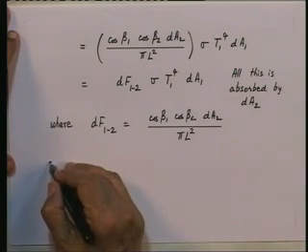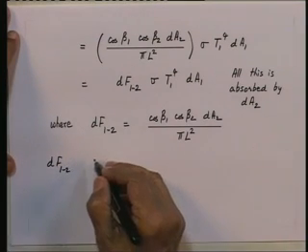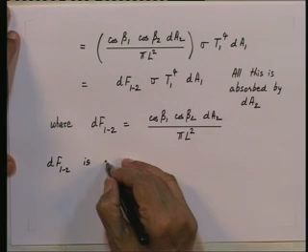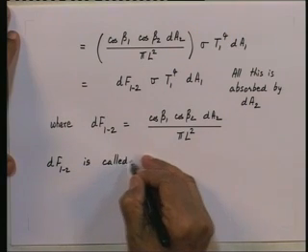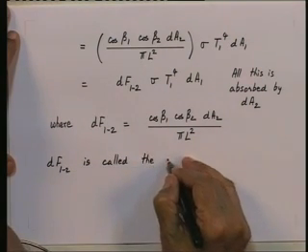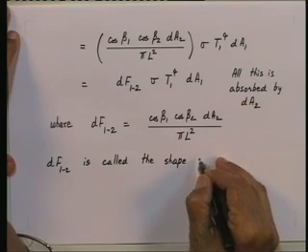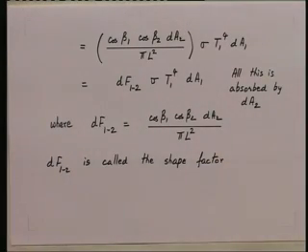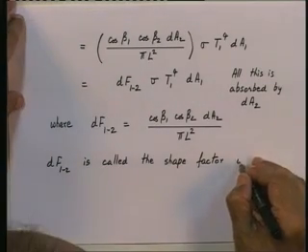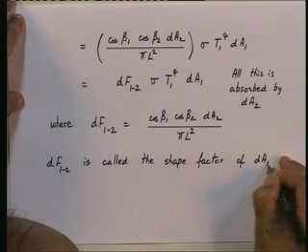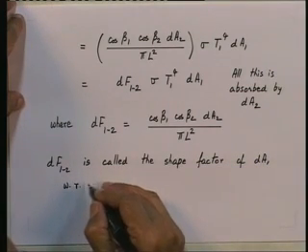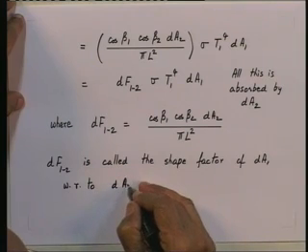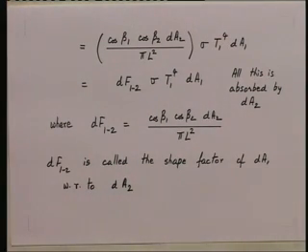dF 1 to 2 is called the shape factor of dA1 with respect to dA2.